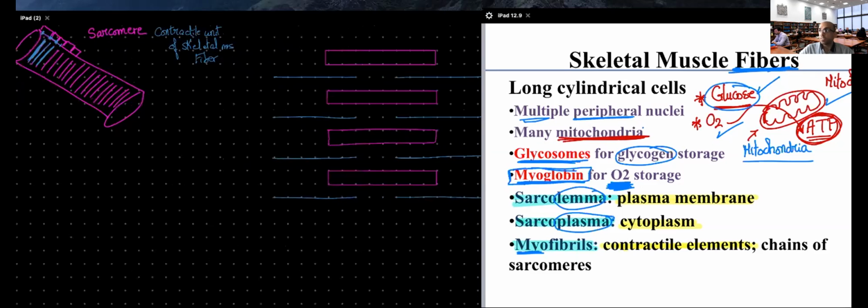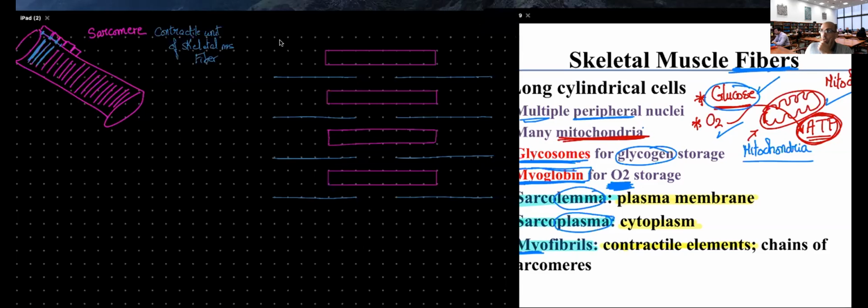So again, what is the basic structure of my sarcomere? It is formed of thick filaments alternating with thin filaments. The thick filaments are going to be attached in the middle all together by protein filaments.